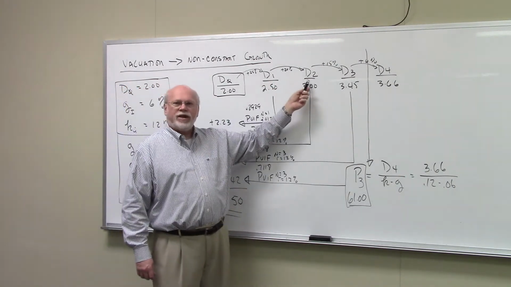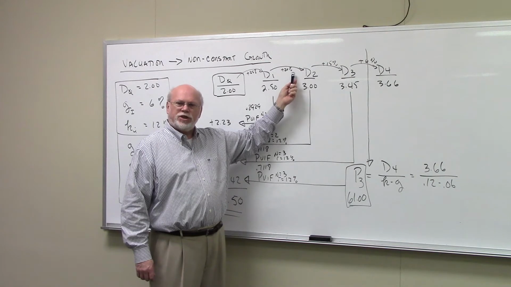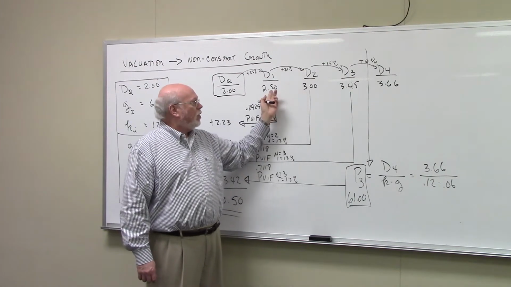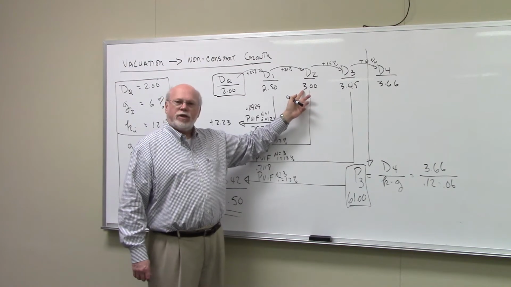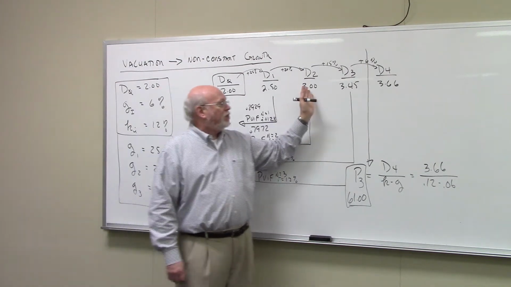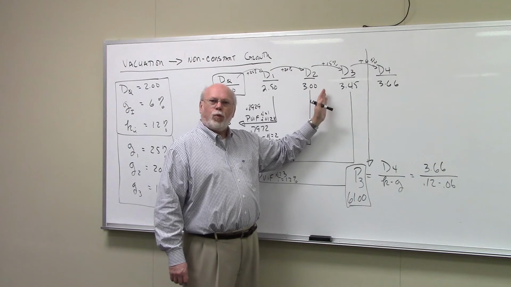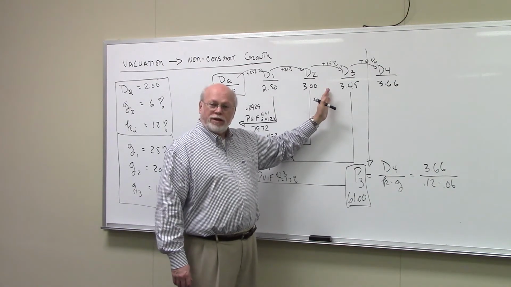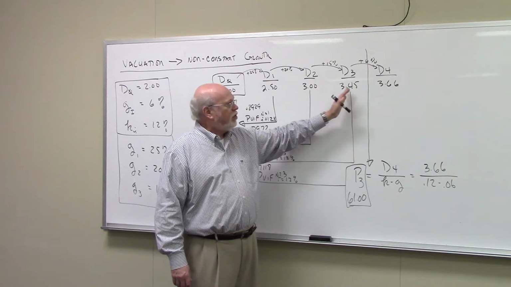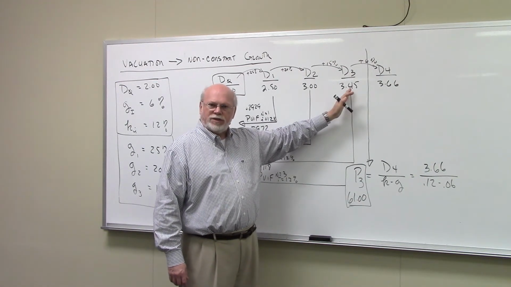In the second year, we're not going to get constant growth of 6%, we're going to get 20%. If you take $2.50 times 1.20, you get $3. And if you take $3 and multiply it by 1.15, the growth rate you expect in the third year being 15%, you get $3.45.